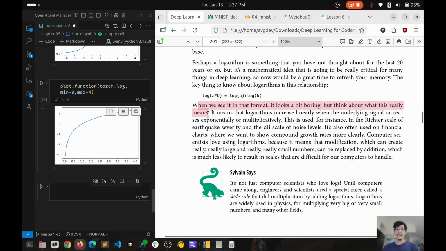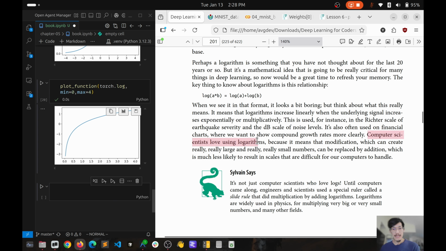When we see it in that format, it looks a bit boring, but think about what it really means. It means that the logarithm increases linearly when the underlying signal increases exponentially or multiplicatively. This is used, for instance, in the Richter scale of earthquake severity and the dB scale of noise levels. It is also often used on financial charts where we want to show compound growth rates more clearly.